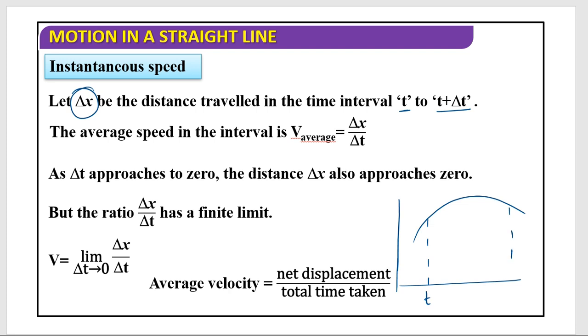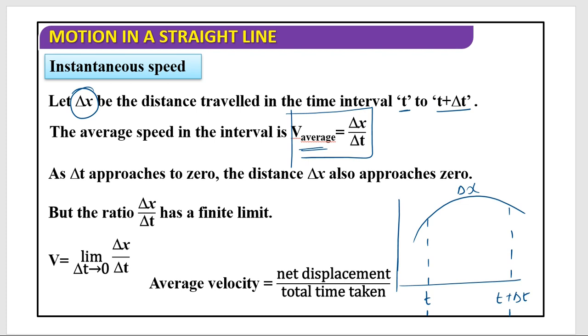We take one more instant, t plus delta t, and within this much time, starting from t to t plus delta t, the particle has traveled delta x distance. When we measure the average velocity, v average equals delta x by delta t. It is the total distance traveled divided by the total time taken.